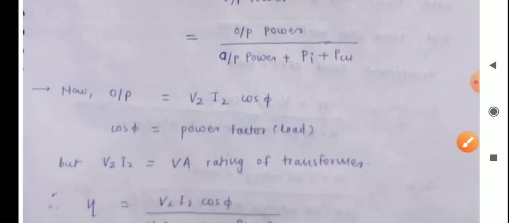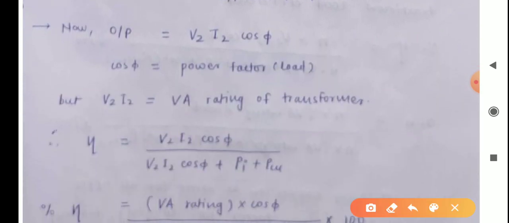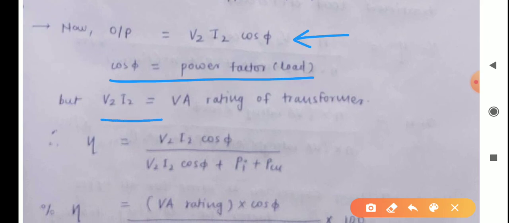Now we know that the output power of the transformer will be V2 I2 multiplied by cos phi, where cos phi is the load power factor and V2 I2 is the VA rating of the transformer. Therefore our efficiency will be V2 I2 cos phi, that is our output, divided by V2 I2 cos phi plus iron loss plus copper loss.